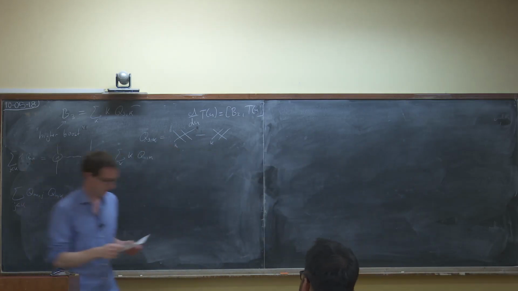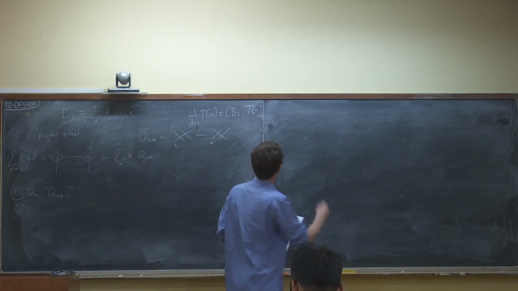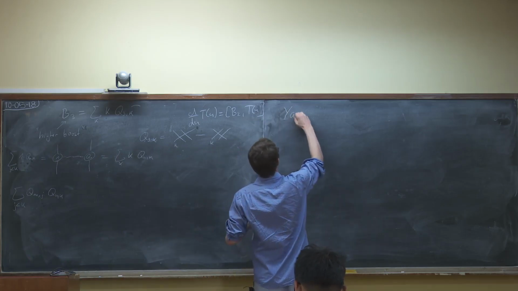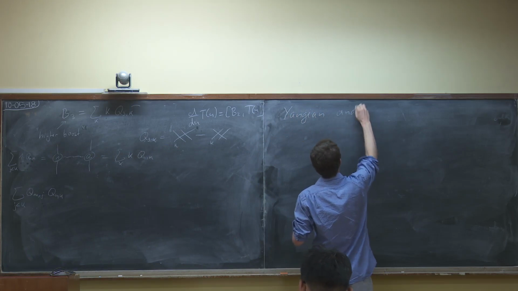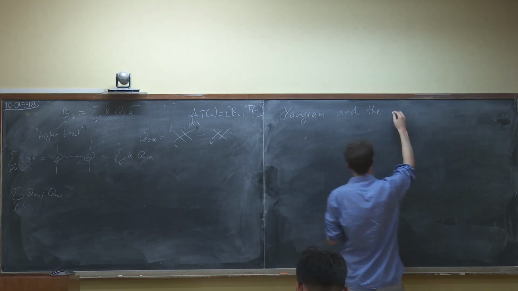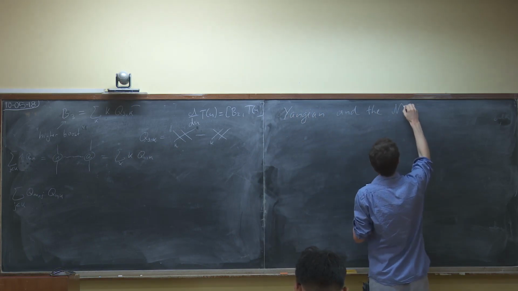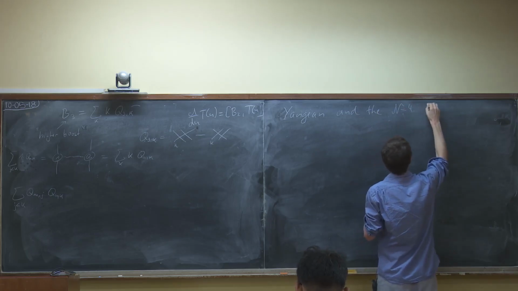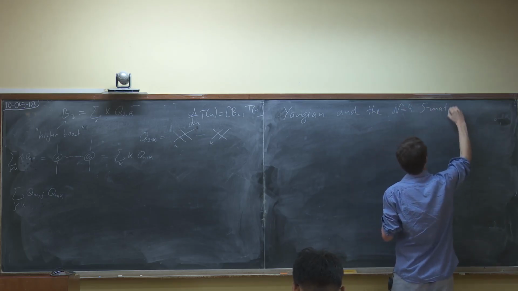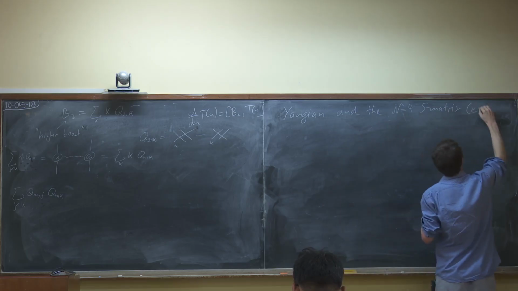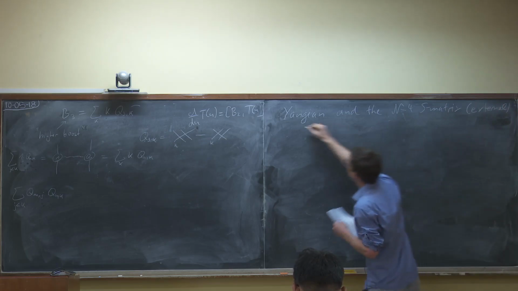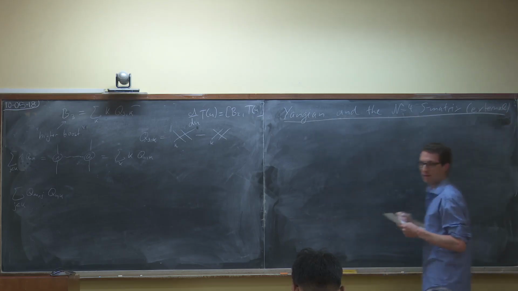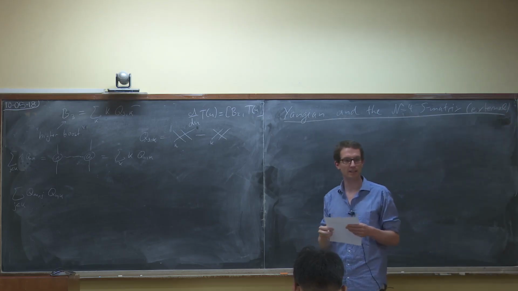Okay, then let me say some more words on Yangian and the n equals 4 S matrix. But now the external S matrix, so the scattering amplitudes, and this was already part of my talk on Monday.